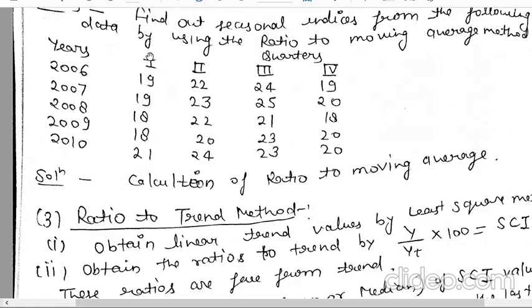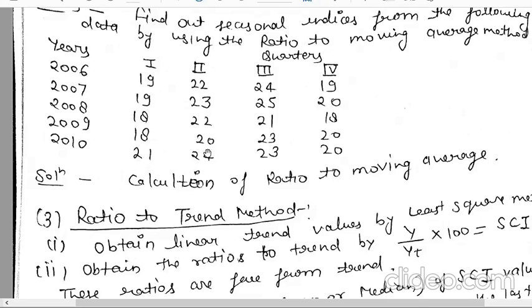Quarterly average means find the total of the first quarter: 19 plus 19 plus 18 plus 18 plus 21, right? You will get the summation of your first quarter, and you will divide it by 5. That will be your first quarterly average.